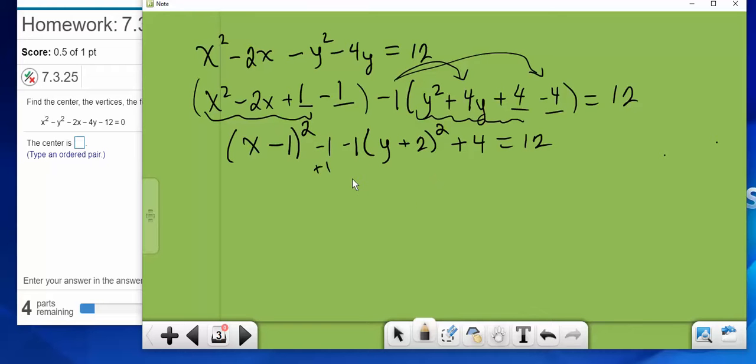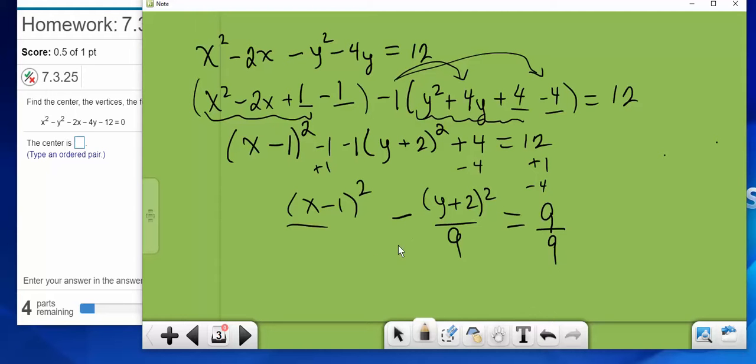So I'm going to add 1 to both sides and subtract 4 from both sides. So we get x minus 1 squared minus y plus 2 squared, and then 12 plus 1 minus 4 is 9. Then we divide everything by 9 to get a 1 here.